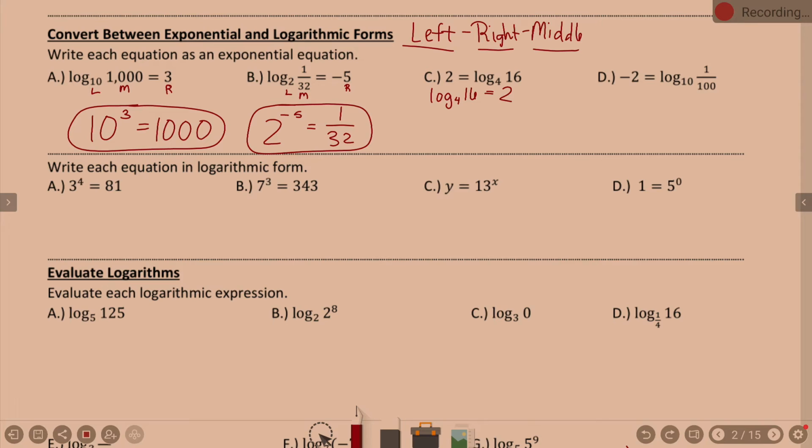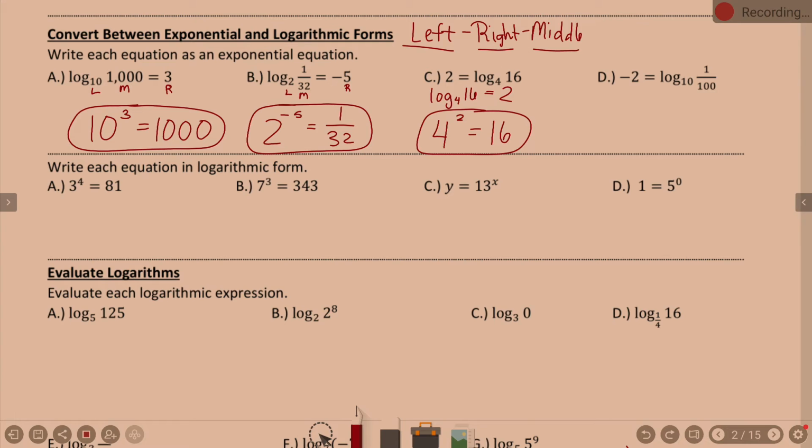That left, right, middle phrase works when the log is on the left, when your equation starts with log. If it's given to you backwards, which they'll do, don't be shocked. Just rewrite it if you need to. So, what is log base 4 of 16 equals 2? 4 squared. The left of 4 raised to the right of 2 equals the middle value of 16. And on these, it's kind of nice to see because the numbers are matching up.